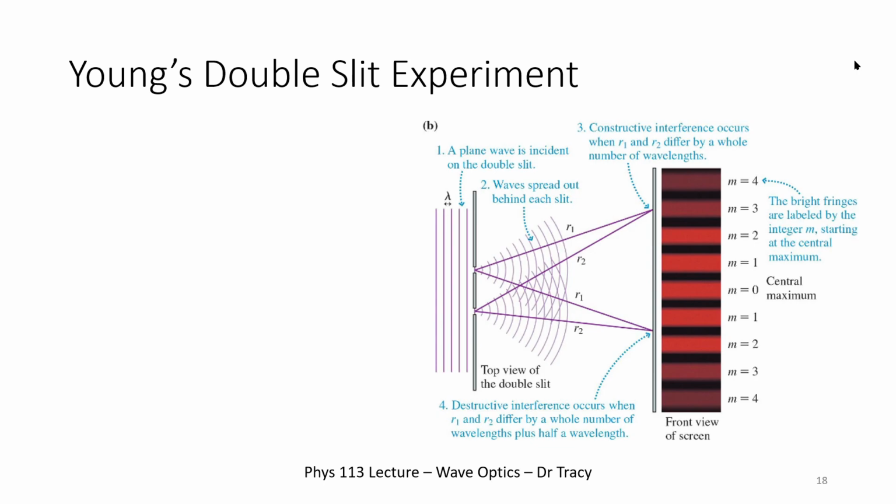The key important values that you need to know about any one of these slit combinations are the slit width, the slit distance between neighboring slits, and the distance along the vertical axis from the central maximum.